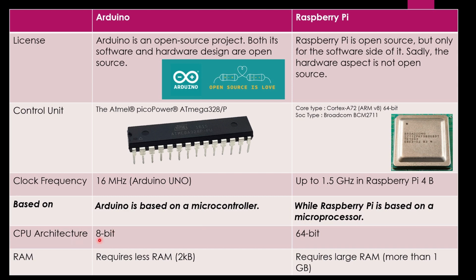The CPU architecture in Arduino is 8-bit, whereas in Raspberry Pi it's 64-bit. So an Arduino board uses an 8-bit data bus, whereas a Raspberry Pi board uses a 64-bit wide data bus, and therefore it can access 64 bits of data in a single machine instruction. There is 2 KB RAM in Arduino, whereas Raspberry Pi has more than 1 GB of RAM.